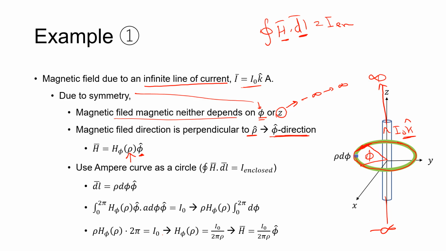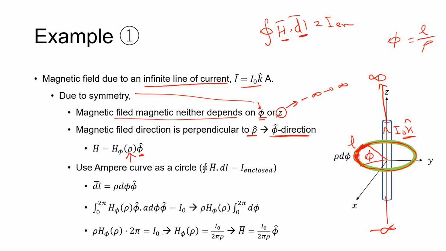When phi changes, we need to look at the arc length. This is our arc length. This is just a fast revision of how to calculate dl for phi. Normally phi equals the arc length L divided by rho.